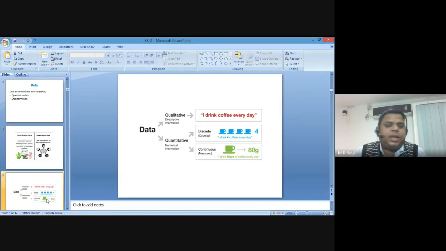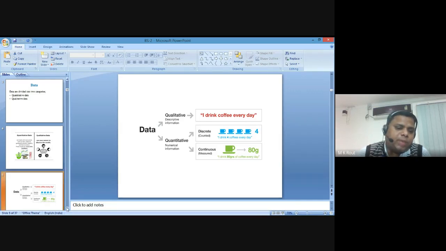Similarly, for continuous measured data, I drink 80 grams of coffee every day. In quantitative data, you measure the exact contents of that cup in such a way that you can easily measure that data in the form of numbers and digits. Similarly, when I say I consume 4 cups of coffee every day, that 4 belongs to quantitative data.